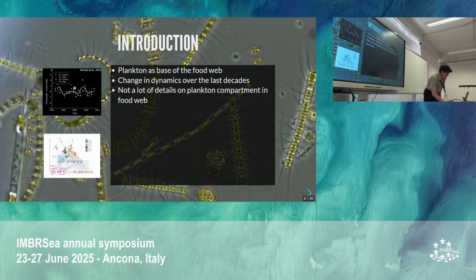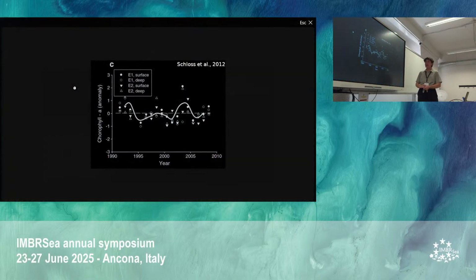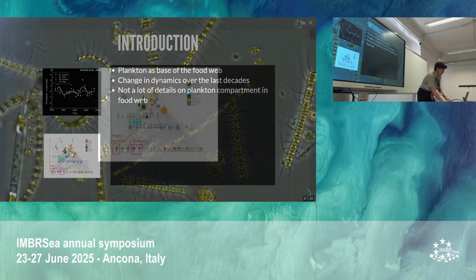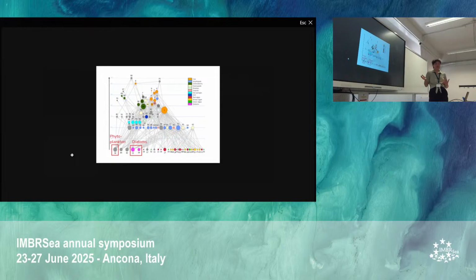Earlier studies in the study area showed that there's actually a lot of variation in phytoplankton. This is chlorophyll A as a proxy for biomass over the last decades. But at the same time, food web studies done in the same area sum up the phytoplankton in very broad boxes.